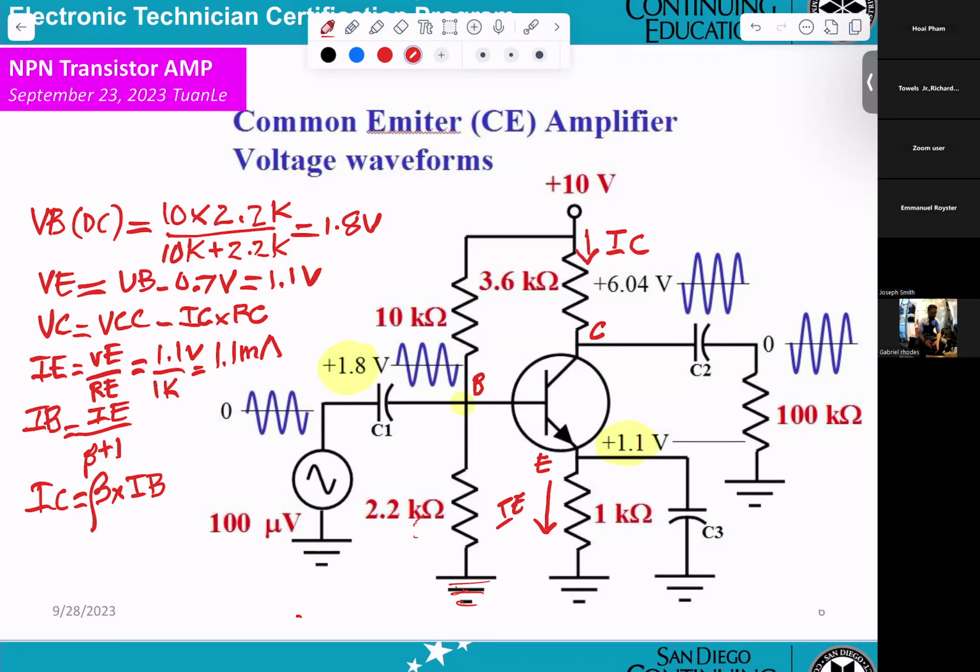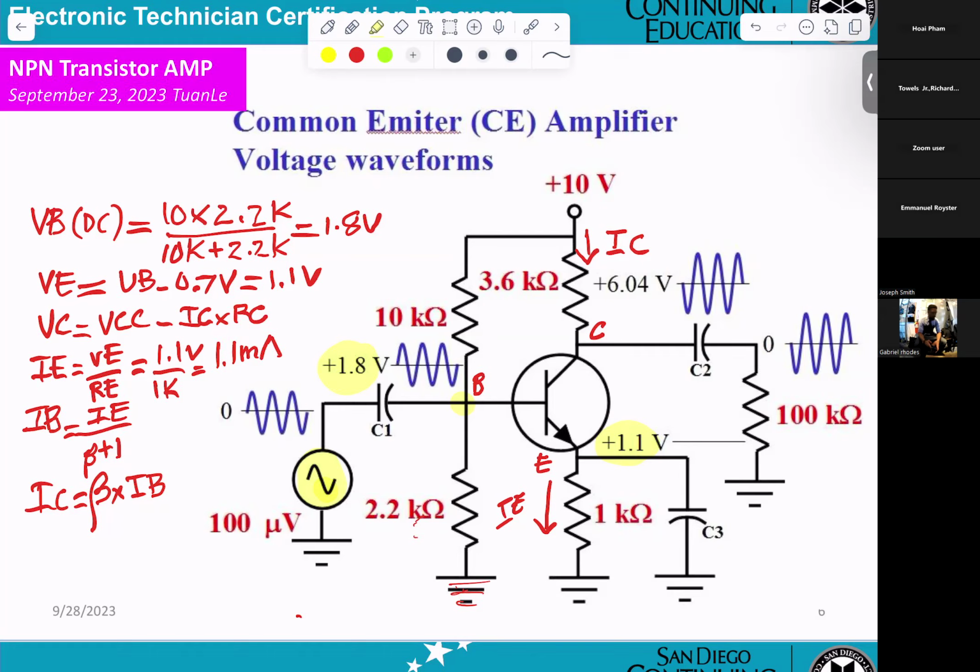Now, first thing, you get 100 microvolt here. So basically, 100 microvolt coming in here.